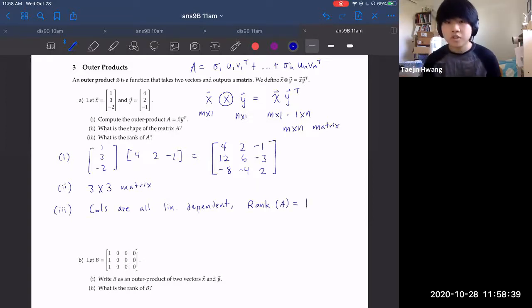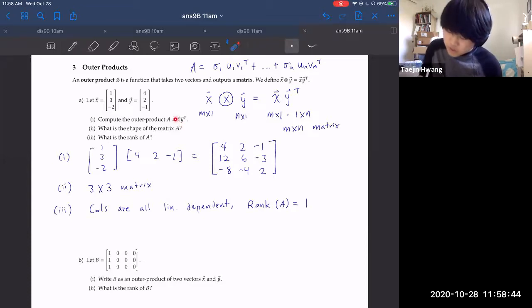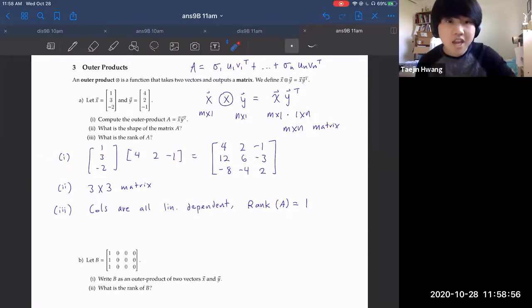This tells us that a single outer product like x, y transpose gives us a rank 1 matrix. I think you saw a lot of rank 1 matrices in lectures. Any questions about everything we've done so far in part A?